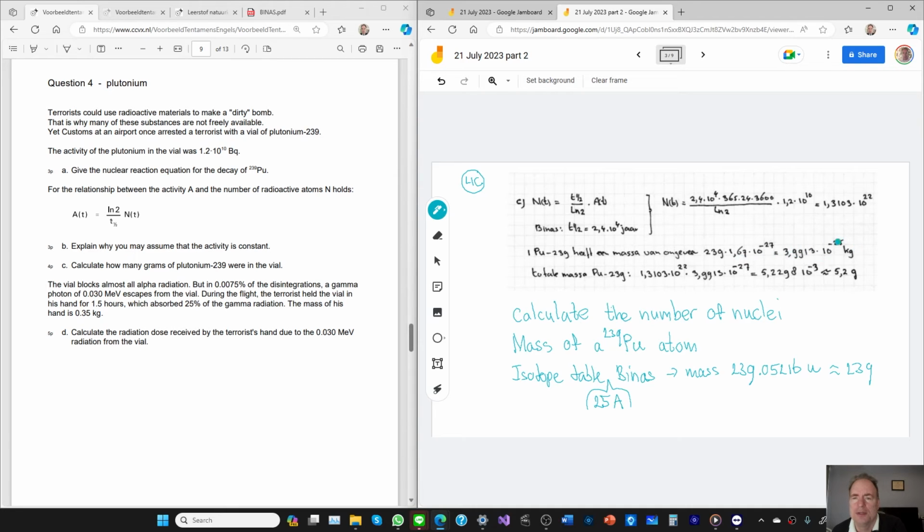So this is the mass of one, and then this is multiplied by the number. And of course, you need to be careful that this will give kilograms, since the atomic mass unit is given in kilograms. Then you just convert it to grams.